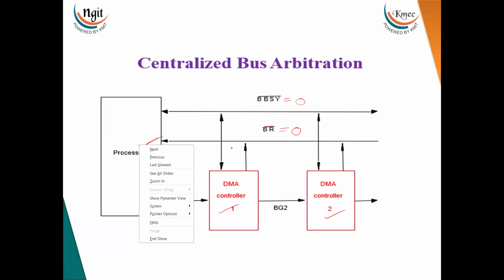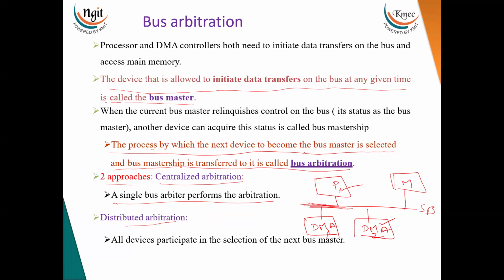But in a few processors, there is a special device called the bus controller. Usually this bus controller will take care of the bus and which devices are requesting for the bus, and it will decide to give the bus to a particular device.